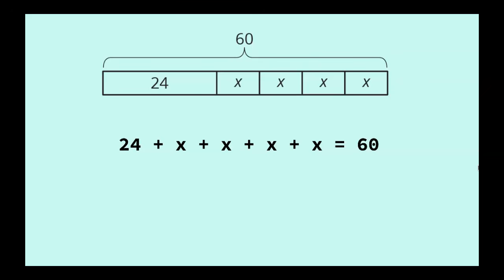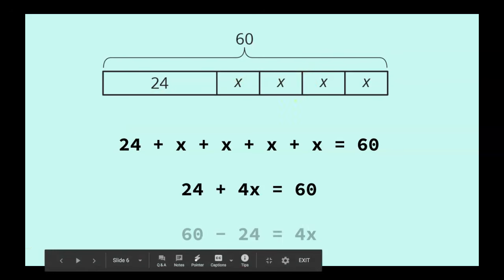Or you might try to shortcut it a little bit and say 24 plus 4x equals 60. Or maybe you're even thinking about solving for x and know if you have that entire 60 across the top and you take away the 24 that are here, then you're left with 4x. So you might say 60 minus 24 equals 4x.